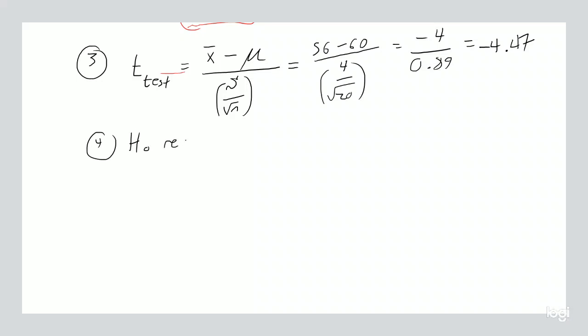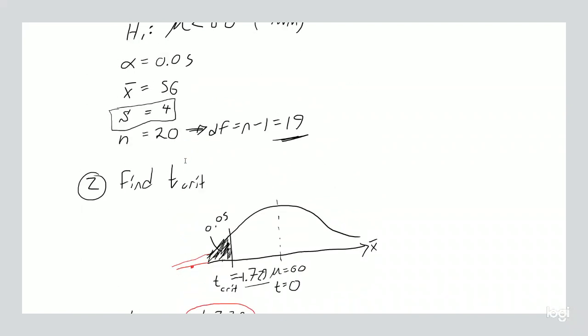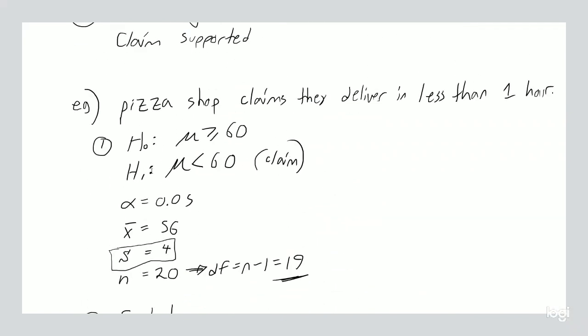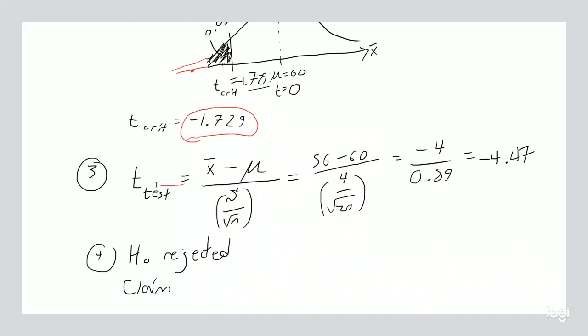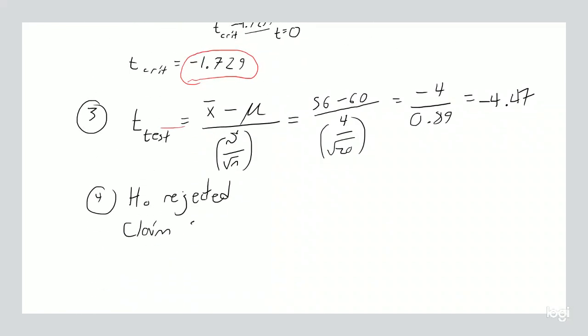Null hypothesis rejected, and our claim is supported, because our claim was attached to our alternative hypothesis. If we reject the null hypothesis, it means we're going to go with the alternative hypothesis, which means we're going with our claim. Our claim is supported.